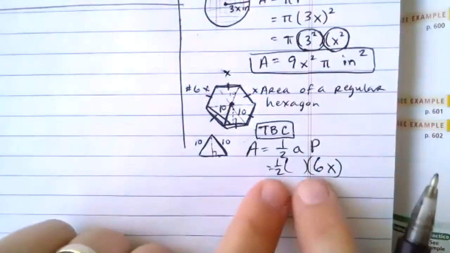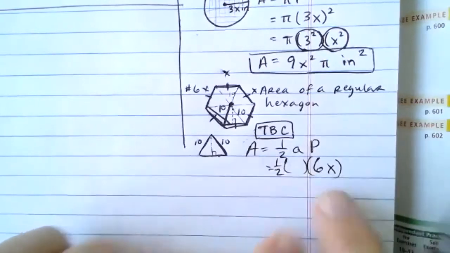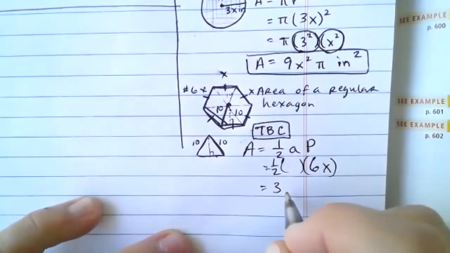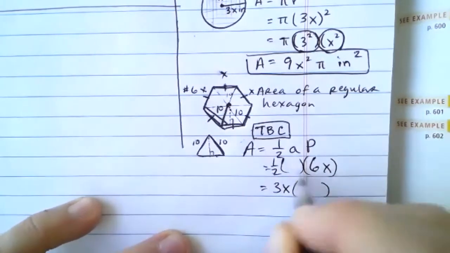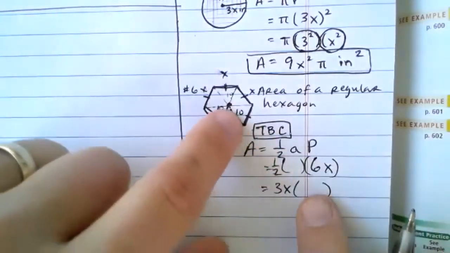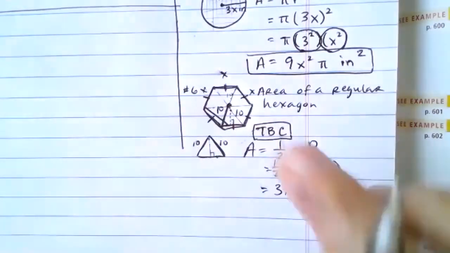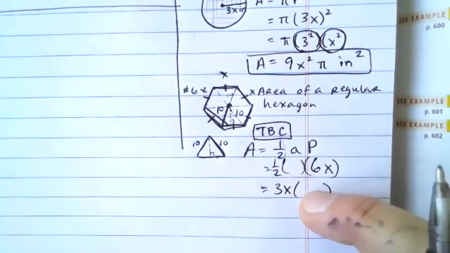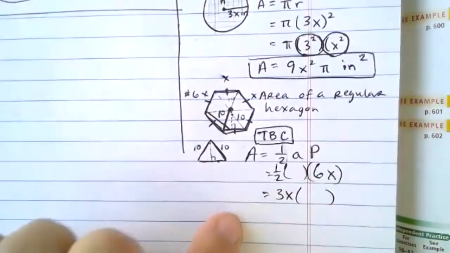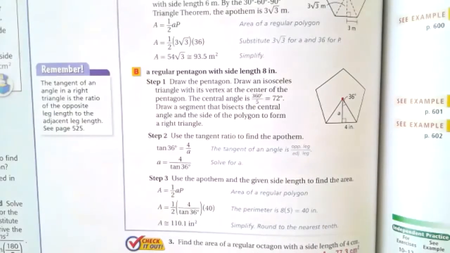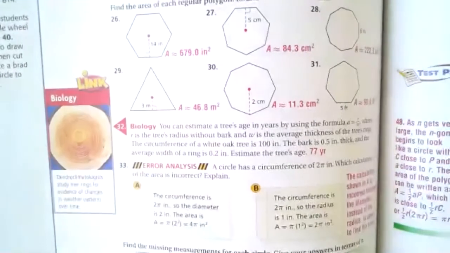So 6 divided by 2 would be 3x. Another way to rewrite that would be 3x times the apothem. I'll show you how to get that later. So I'm going to leave that just like it is. Just go ahead and write it, leave the blanks there. We're good. We're going to move on to section 9.3.